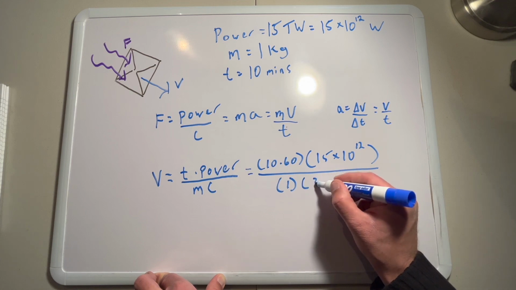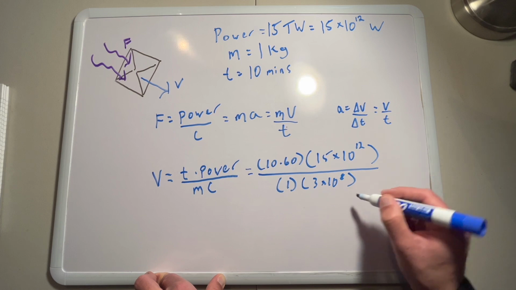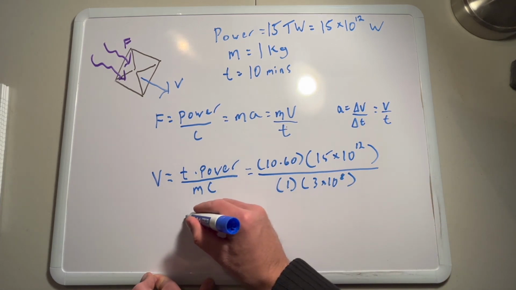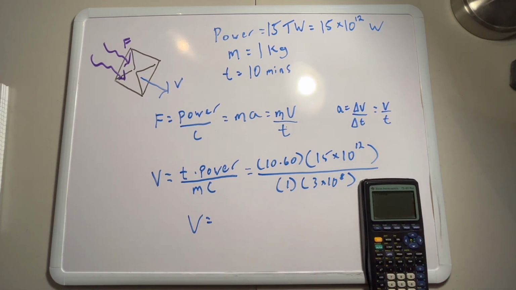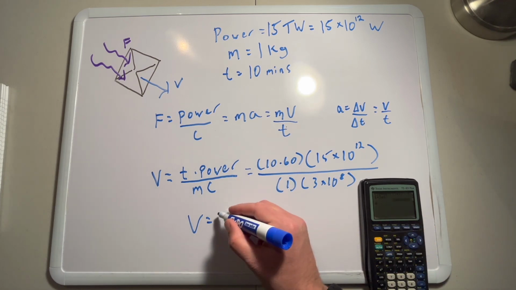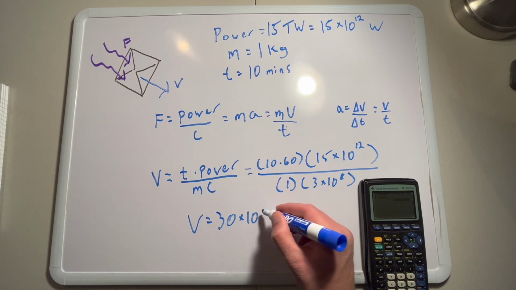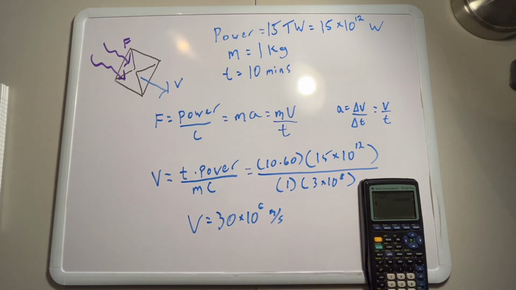Then we get 3 times 10 to the 8 meters per second for the speed of light. Let's go ahead and plug these into the calculator. Okay, and there we get our answer, which is 30 times 10 to the 6 meters per second.